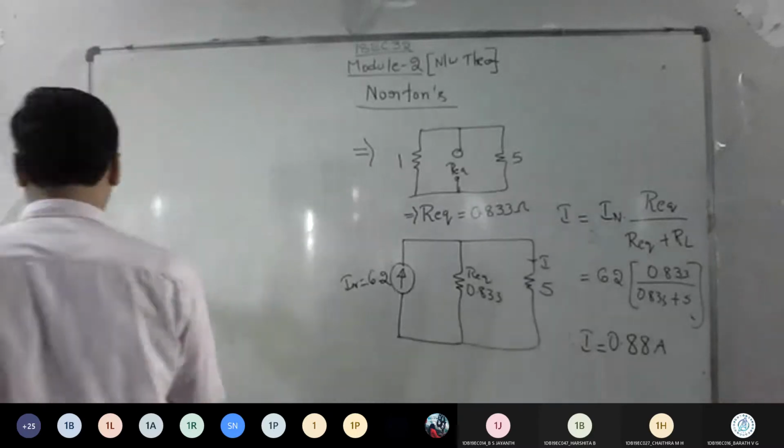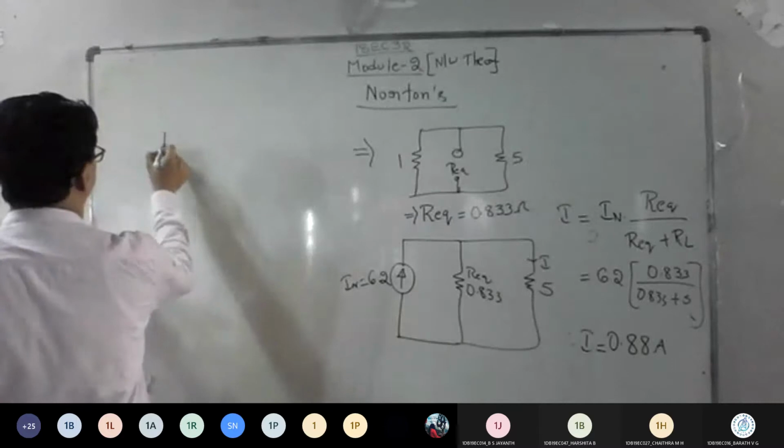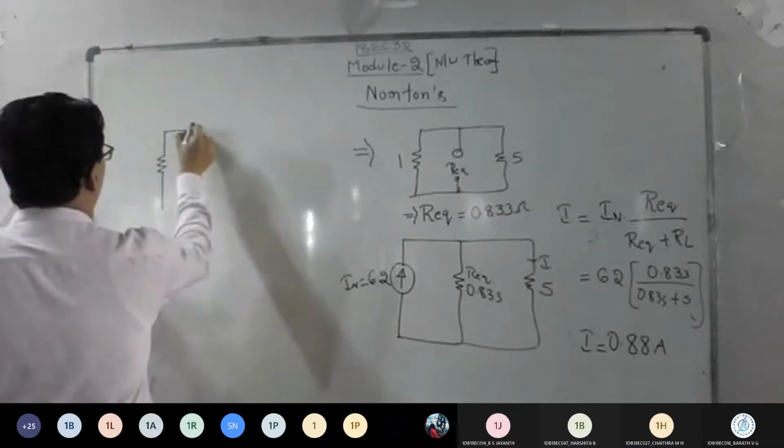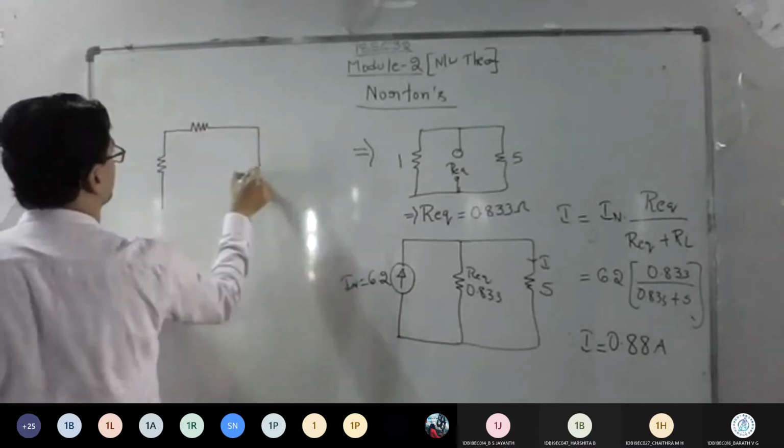Okay. So using Norton's theorem, what is the question? However the network is given, stick to your procedure.